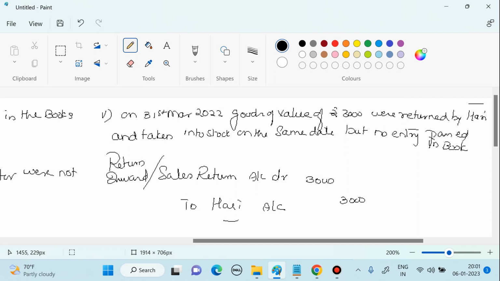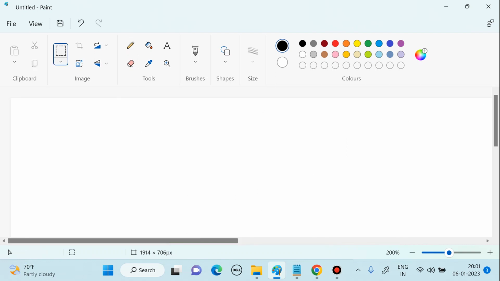Then we'll go to the next question. Look at the illustration number 7, page number 17.18. Following errors were identified in the books of Prasad, pass necessary journal entry.